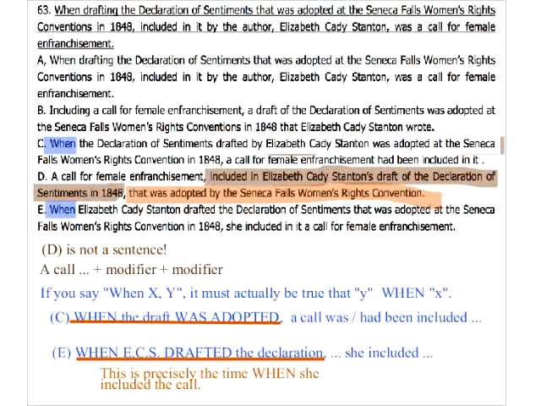Satish, where are you going with that? Yeah, okay, although it was drafted by her, so you can figure that out. So Satish is saying we don't know who included it. There's enough context for you to figure that out.